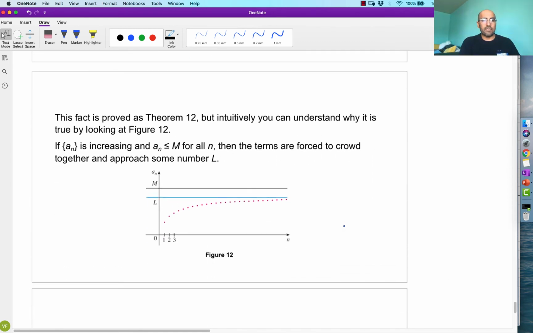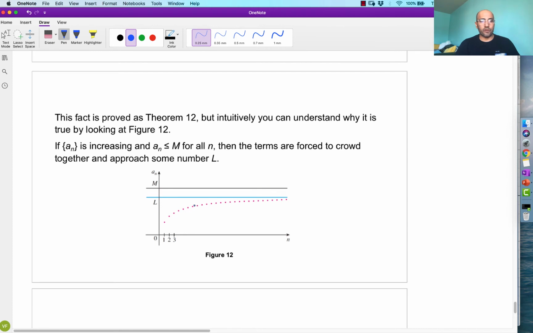Right, so here is an example. This fact is proved as theorem 12, but intuitively you can understand why it is true by looking at this figure. If a sub n is increasing, so here the little dots are increasing, they're getting larger and larger.